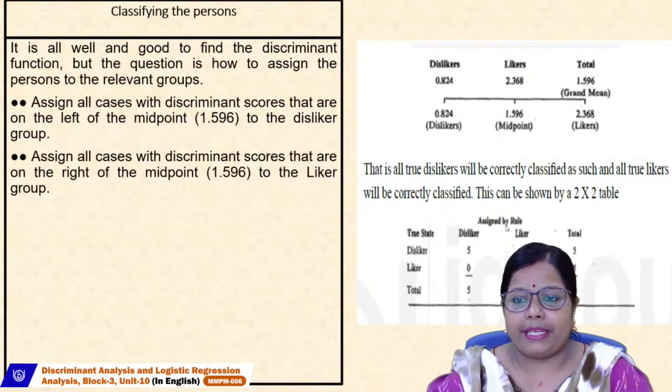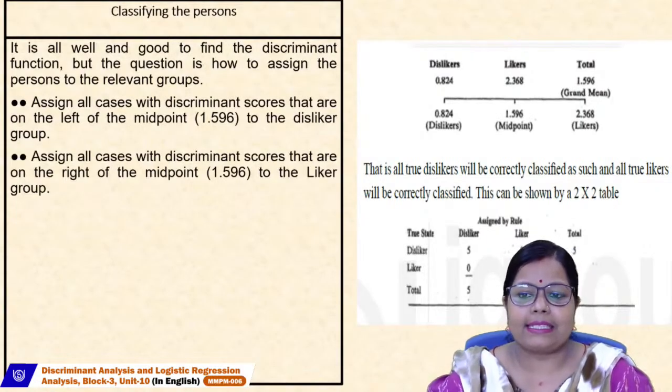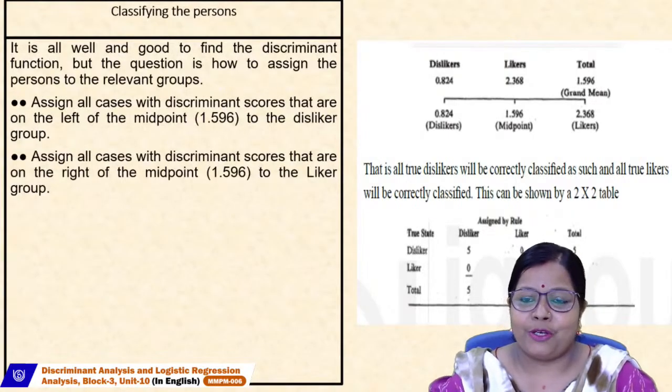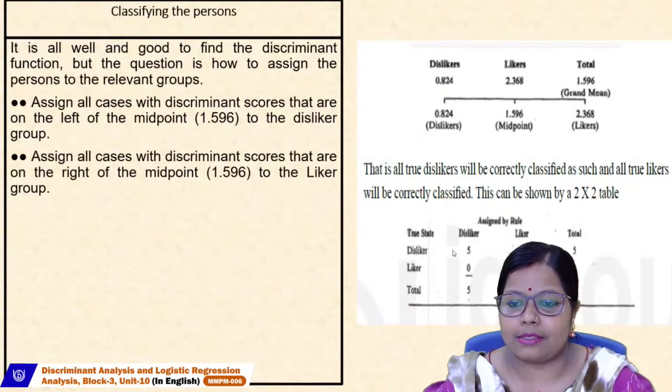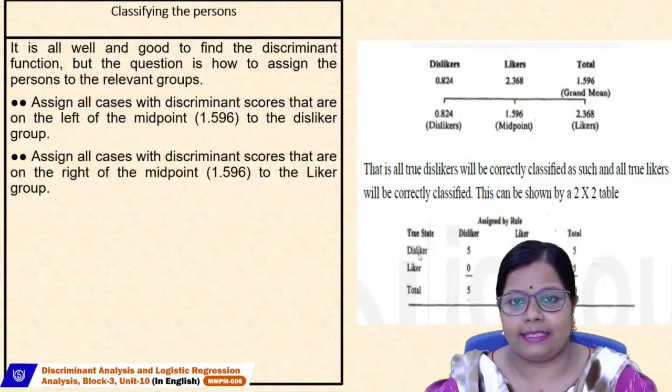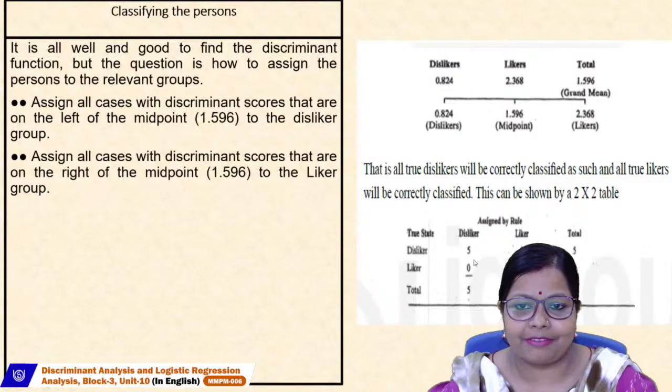What we found finally, for dislikers and likers, if we see the table assigned by rule as per the liker group table, we can see here the disliker. It is okay, because it is the same group, the number is 5.